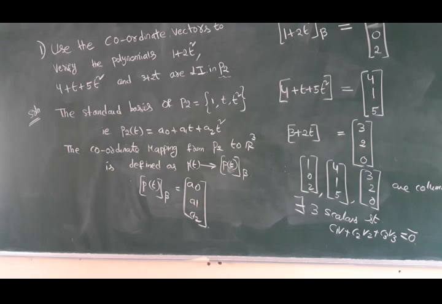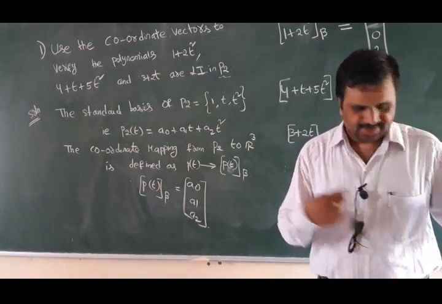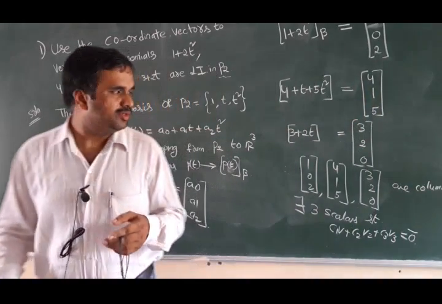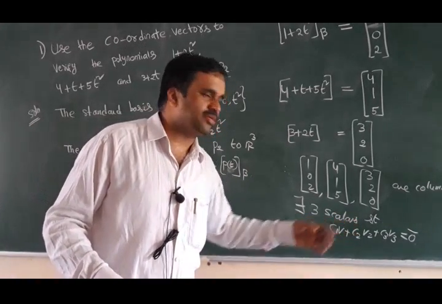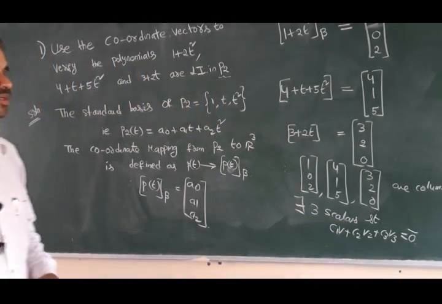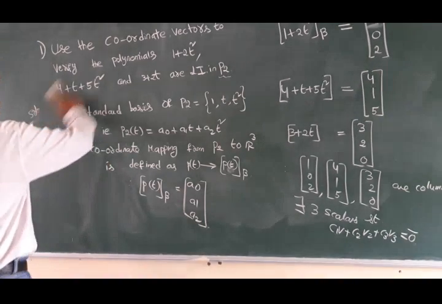I converted these polynomials in terms of the standard basis, in terms of coefficients only, and got 3 column vectors. Now I have to check whether these 3 vectors are linearly independent or not. With the help of a linear combination I am going to solve for c1, c2, c3. If these 3 values are equal to 0, I can say these vectors are linearly independent.